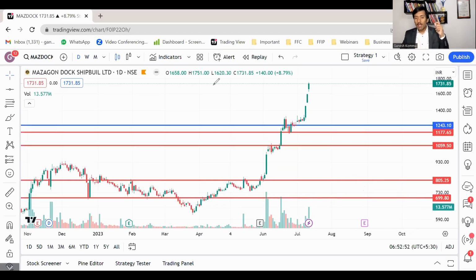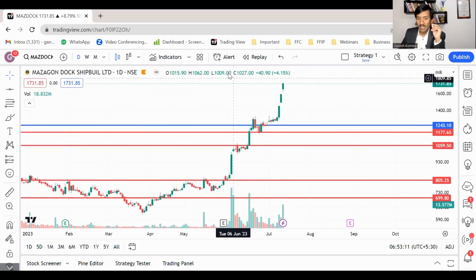So yes, I repeat, whenever a stock is crossing its resistance, and yes, when there is a huge volume also coming, that's a good indication, right? And yes, Mazagon was able to cross this level again, 1059. It is again crossing this resistance. Please understand, right?